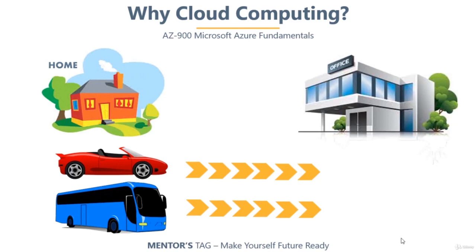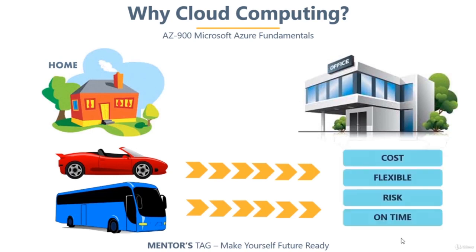Now if I ask you this question, I know that the majority of people are going to choose car. And somehow the reason behind that is convenience. But before you come to any conclusion, I want you to compare these two things with these four factors. The first factor is cost. If I have my own vehicle, I need to make a huge investment in that vehicle.